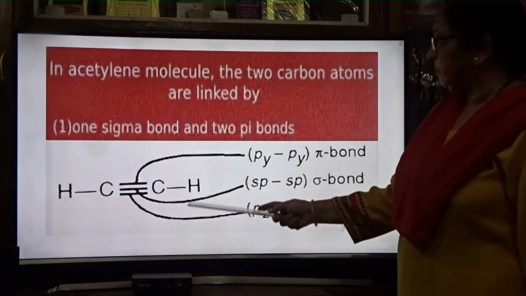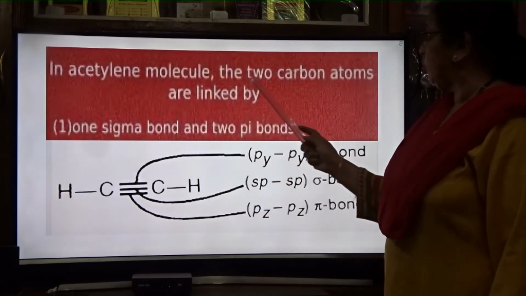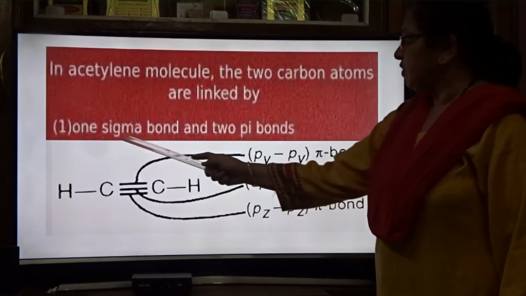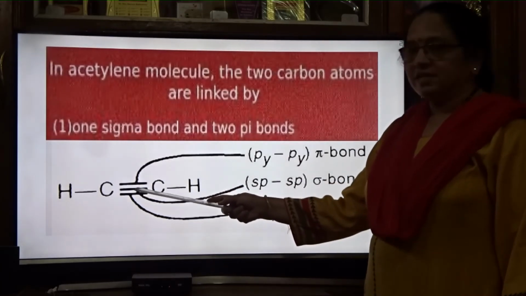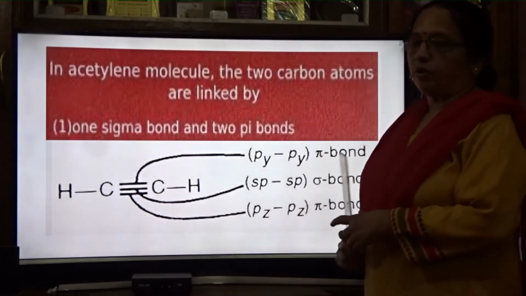Between C and C in the middle is the sp overlap sigma bond, and the 2py and 2pz overlaps are pi bonds. So in the acetylene molecule the two carbon atoms are linked by one sigma bond and two pi bonds.